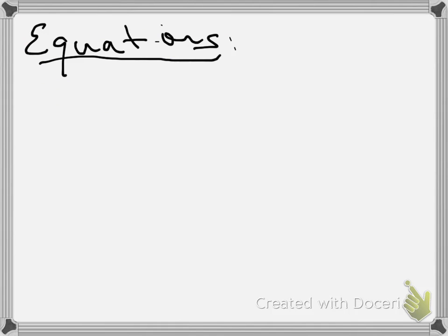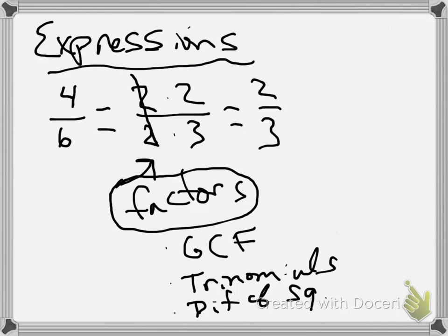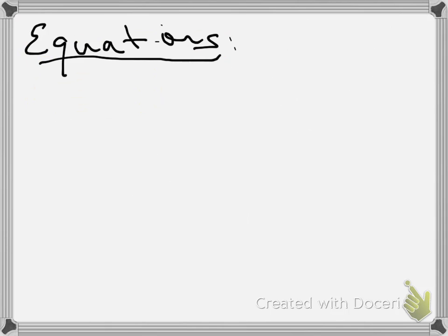Okay, and then comes equations. You have to know how to deal with expressions before you can deal with equations. And with things that are rational, there will be two types of equations. You might see a fraction equal to a fraction, that's called a proportion.